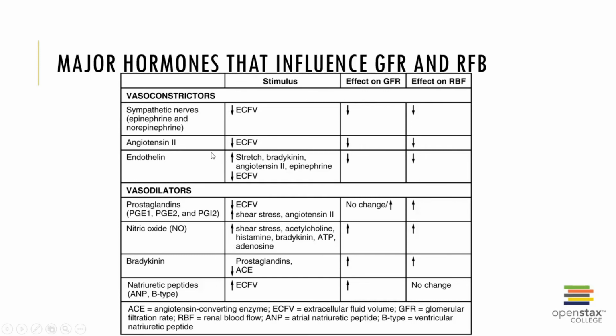And other enzymes, proteins, and so forth are things that you may not be as familiar with. But these are the primary vasoconstrictors, the stimulus and the effects they have, and you don't have to memorize these necessarily. We're going to just talk about big ideas. It's just a chart if you want to take it in a little more detail. And here are your primary vasodilators, once again, with the stimulus, the effect on the GFR and the effect on the RBF.